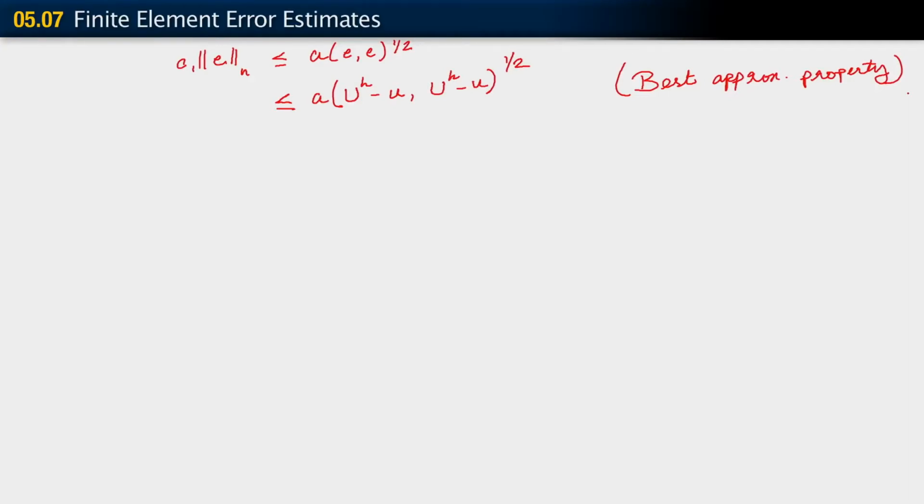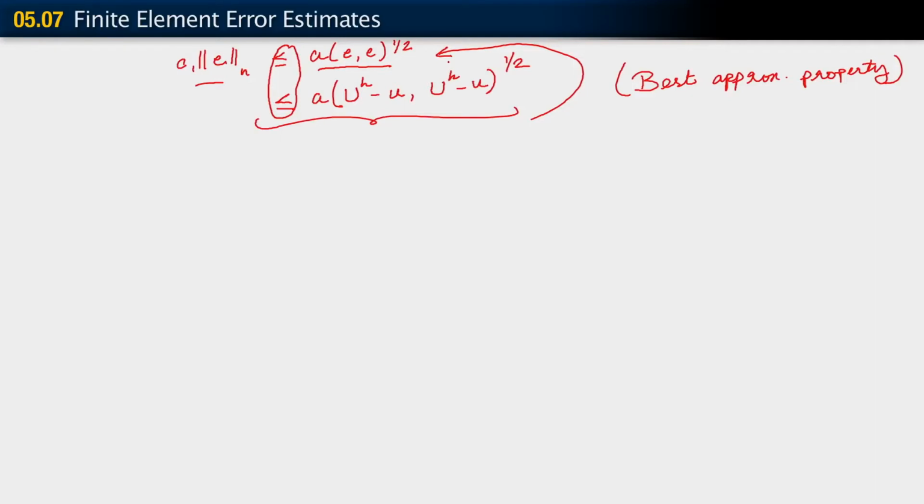When I write inequalities running in this fashion, the way to read it is that the energy norm of E is greater than or equal to C1 times the n norm of E. When we come down to the second line, what we are saying is that what we wrote on the first line is itself less than what we wrote on the second line. So it's very similar to taking what we have on the second line and moving it back up here.